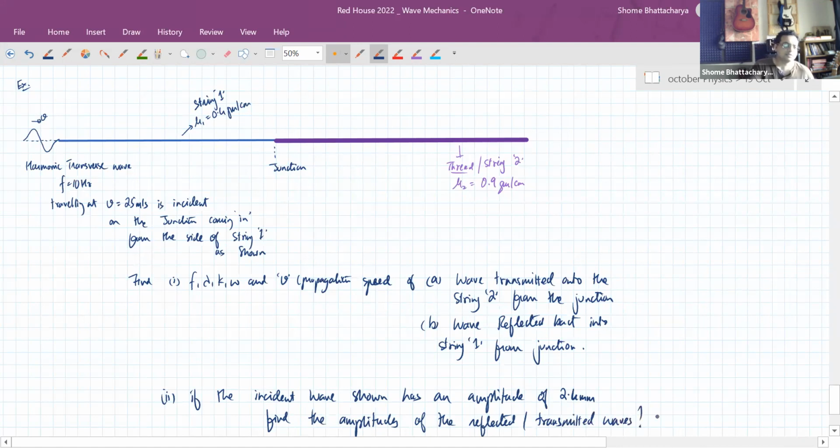So this is a very technical type of question where our understanding of the wave equation and our understanding of reflection and transmission at a boundary point is important.